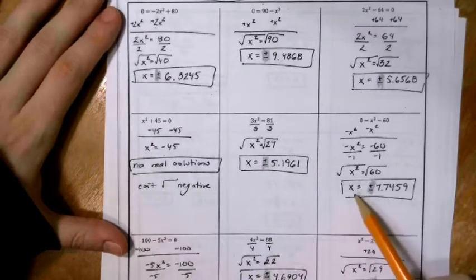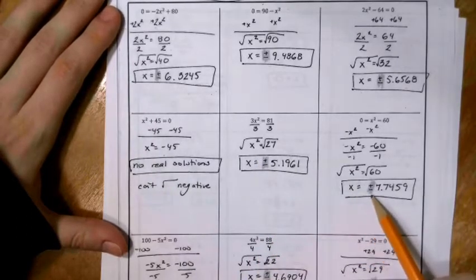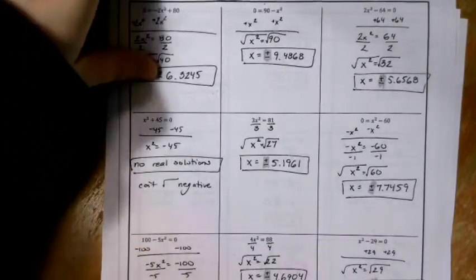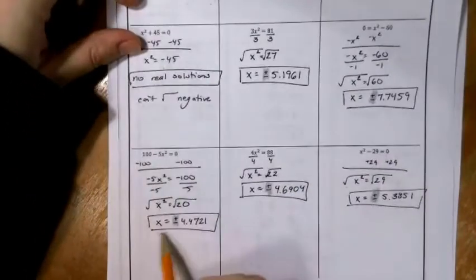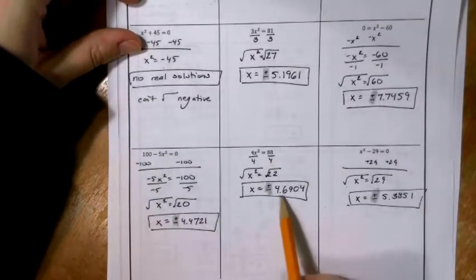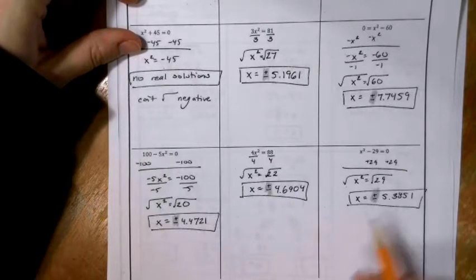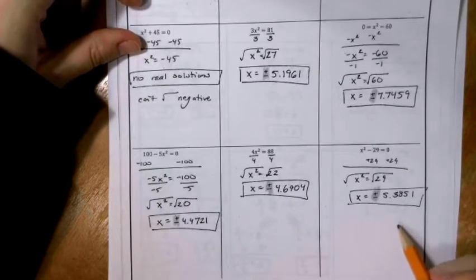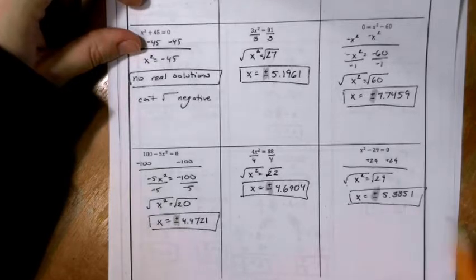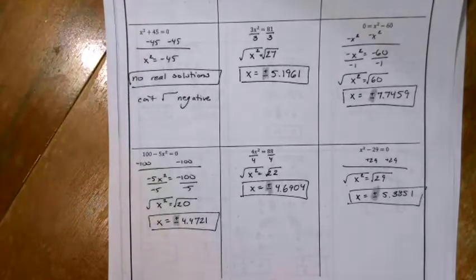For your middle right, x equals plus or minus 7.7459. For your bottom left, you should have gotten x equals plus or minus 4.472. For the bottom middle, you should have gotten x equals plus or minus 4.6904. And then for the bottom right, you should have gotten x equals plus or minus 5.3851. We're going to turn the page.